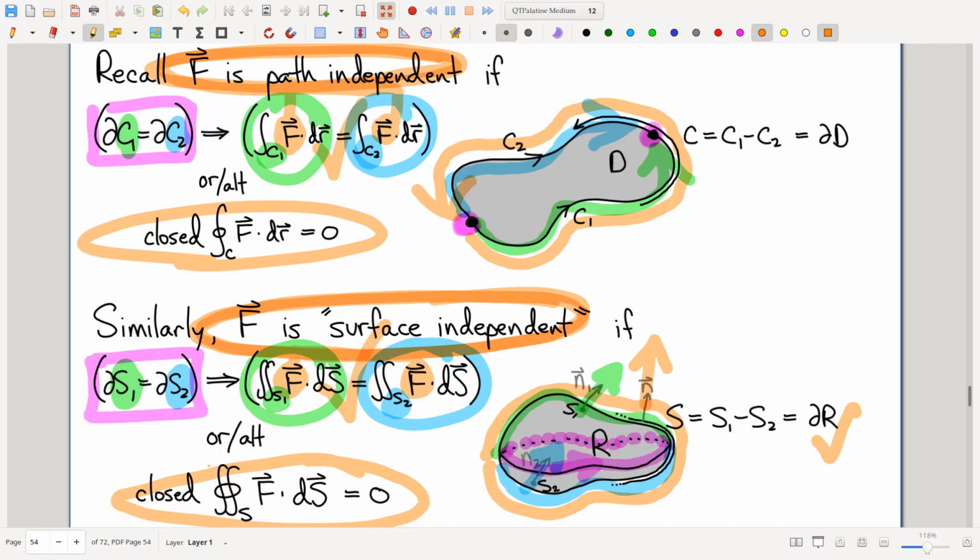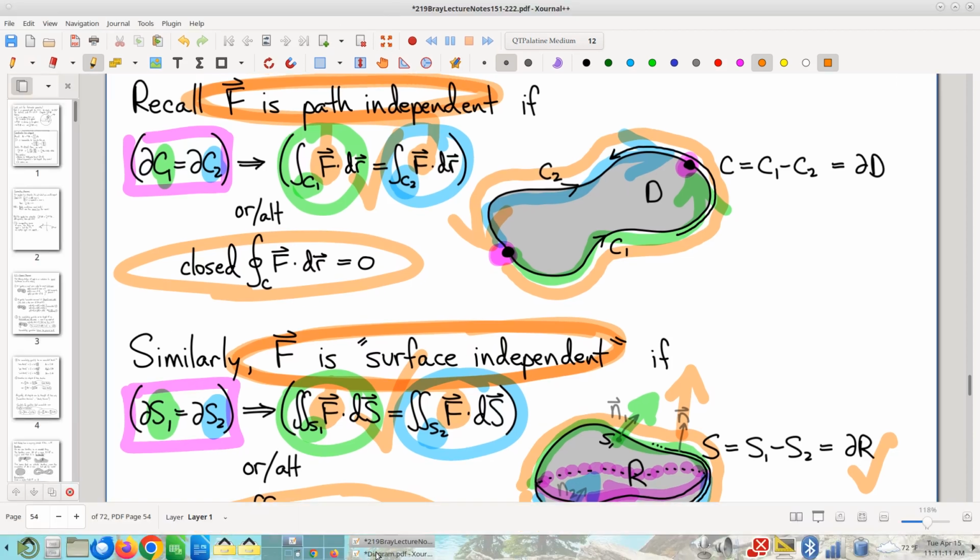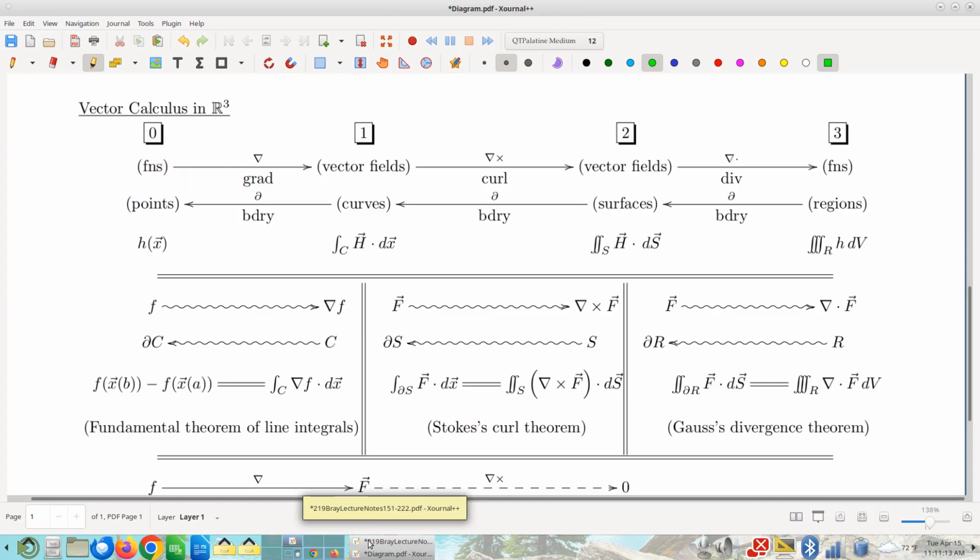All right, now before I show you the examples, I want to go to our diagram. Y'all remember this diagram here, and again, it's on the web page in the class materials folder.